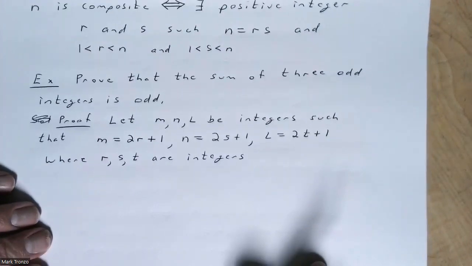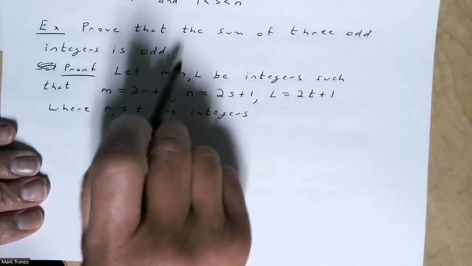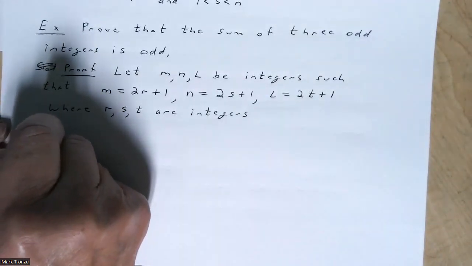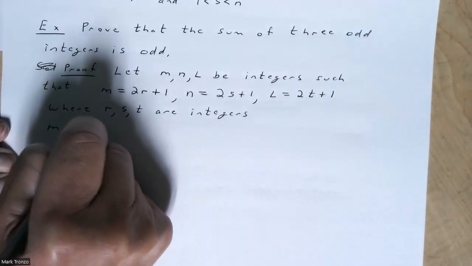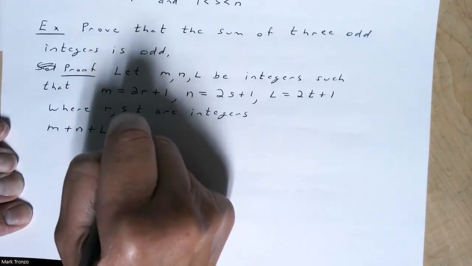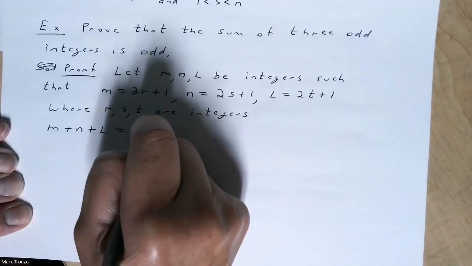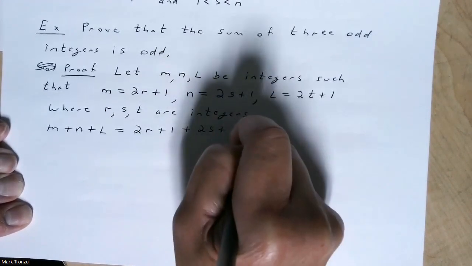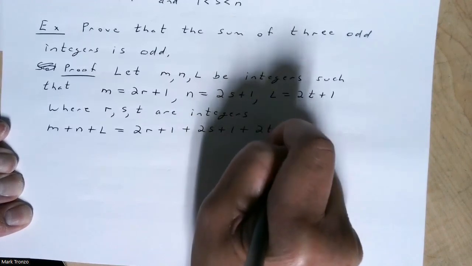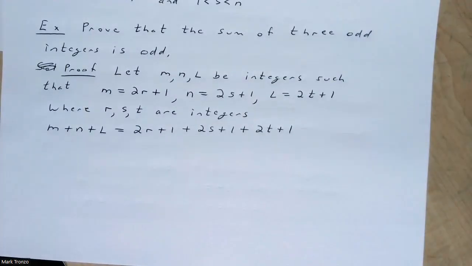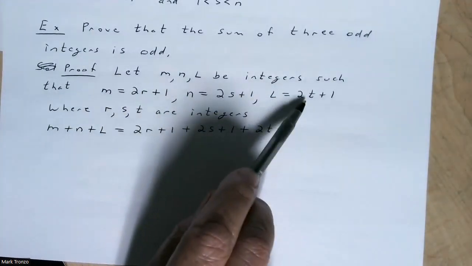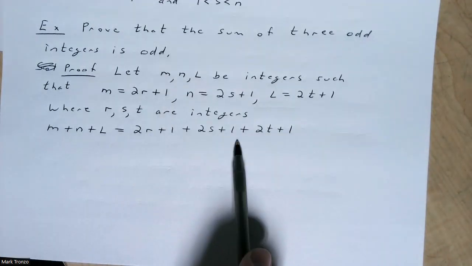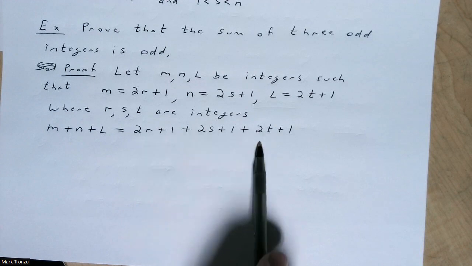So now again, we're starting with those 3 integers, and we want the sum of those 3. So it's going to be M plus N plus L. And so I'm just going to add them together. So I'm just adding together these numbers up here. And now we want to prove that this sum is going to be odd.